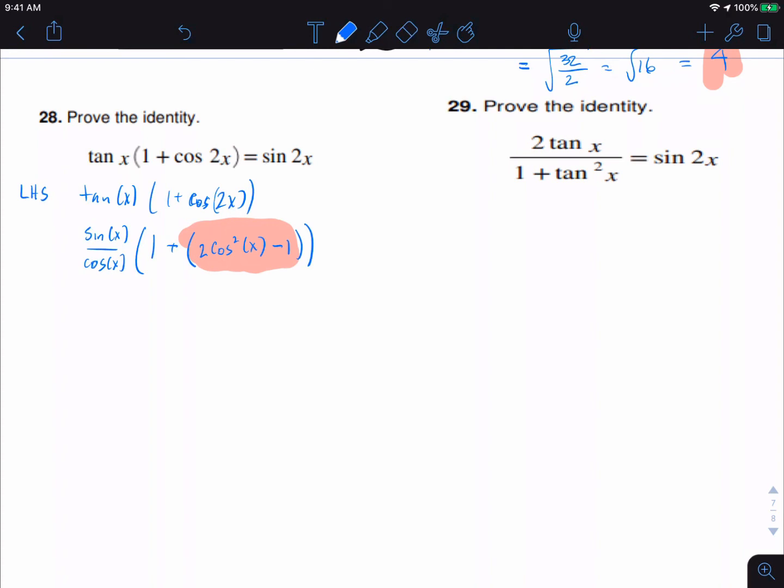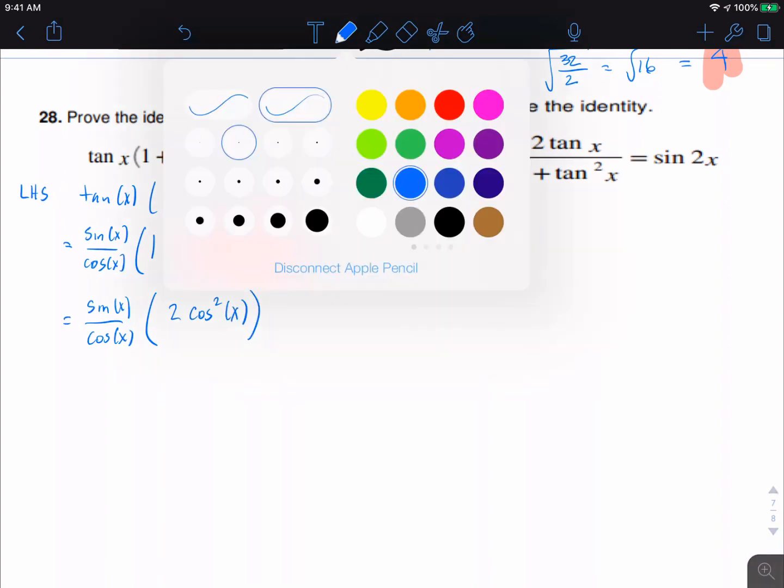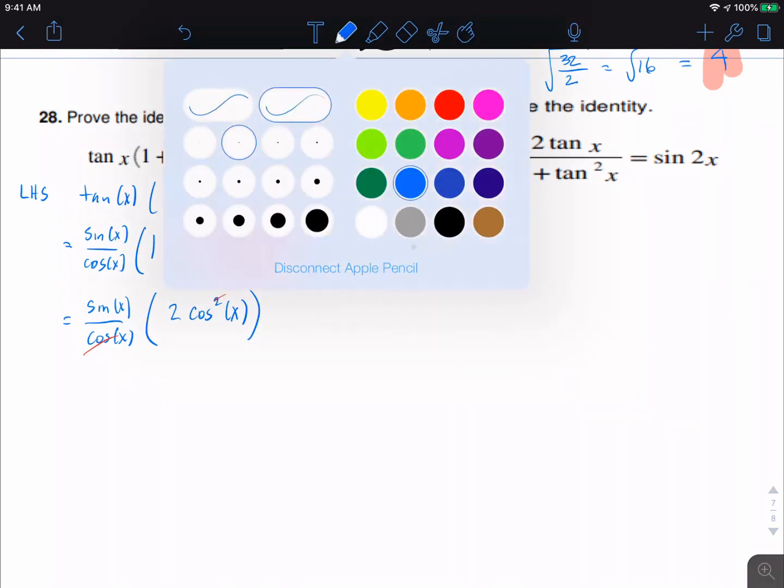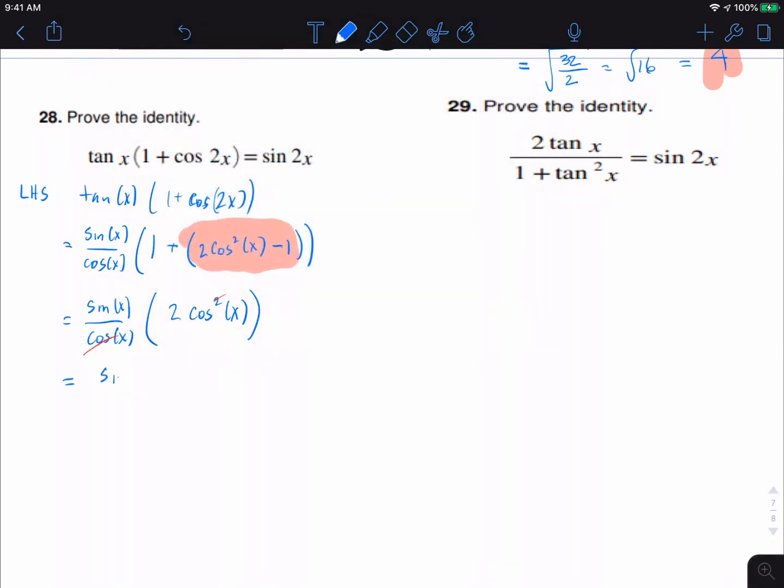So I'm going to get sine of x over cosine of x. And on the inside, what I'm going to end up having is 2 cosine squared of x. But one of the things that's neat here is this cosine is going to take away that power. And so I'm going to end up with sine of x times 2 cosine of x, right?